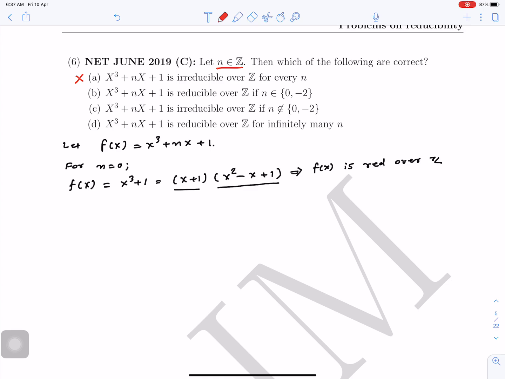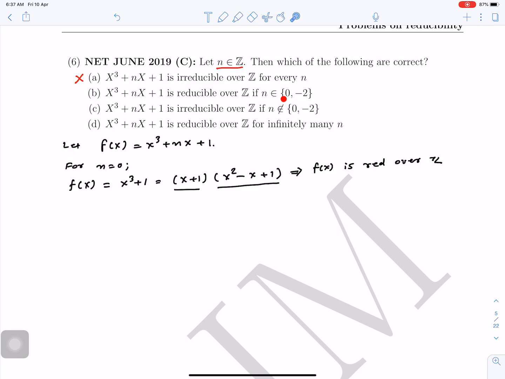Now let us go for option B. The same polynomial is reducible over Z if n belongs to {0, -2}, meaning n equal to 0 or n equal to minus 2.